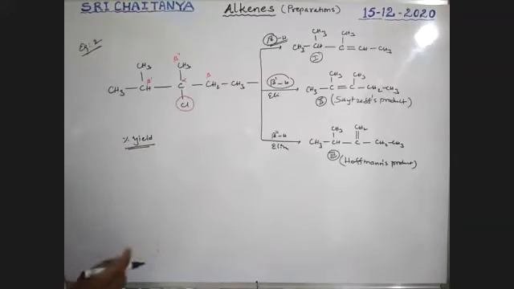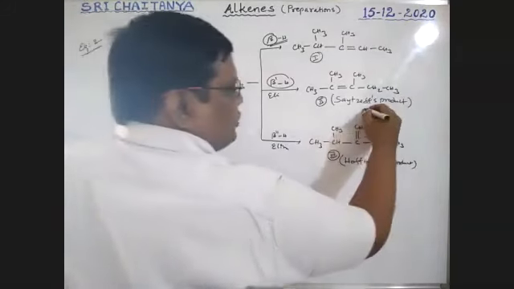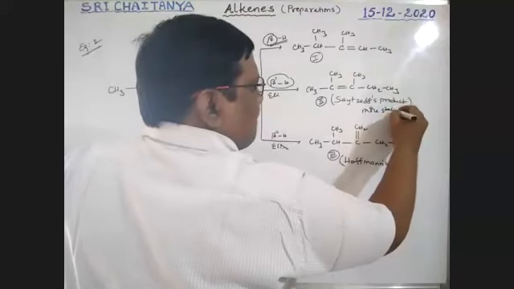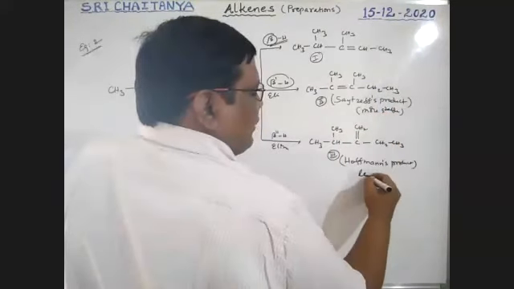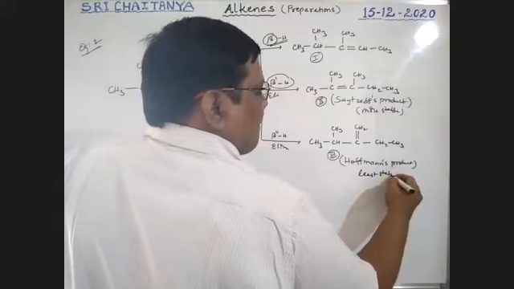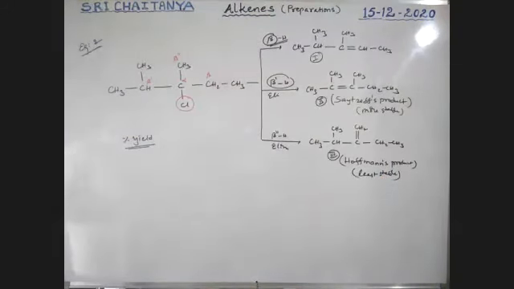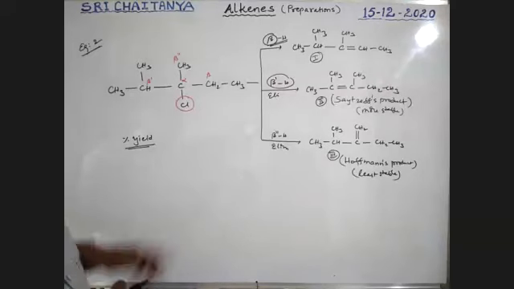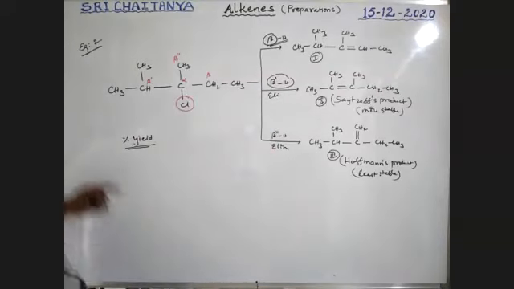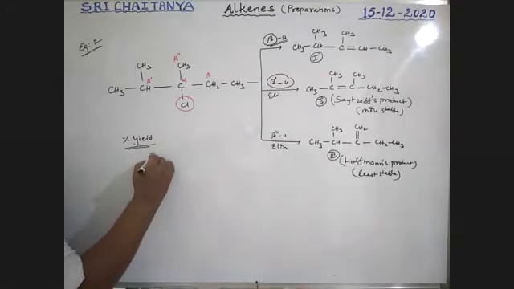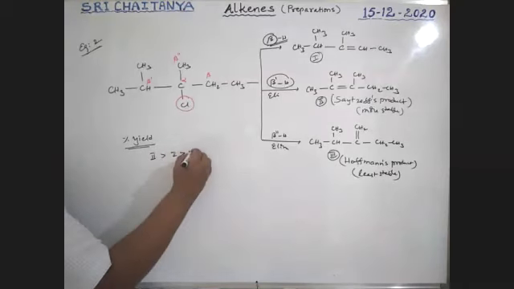The Saytzeff product is more stable and the Hoffman product is the least stable. The more stable product is the more predominant one. So the order of yield of these alkenes is 2 greater than 1 greater than 3. Am I correct?